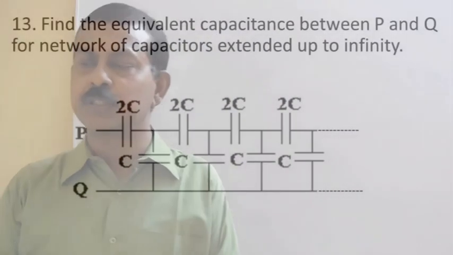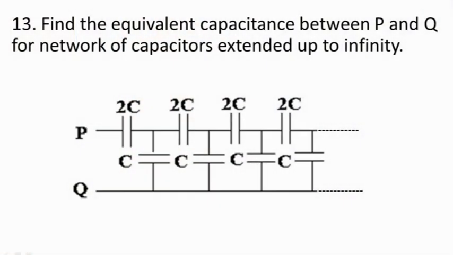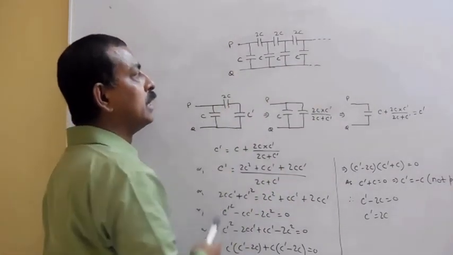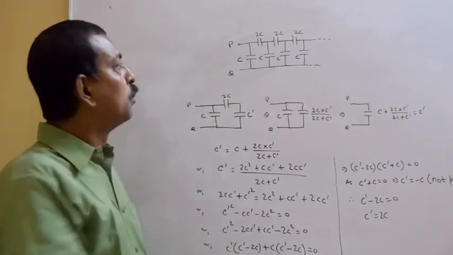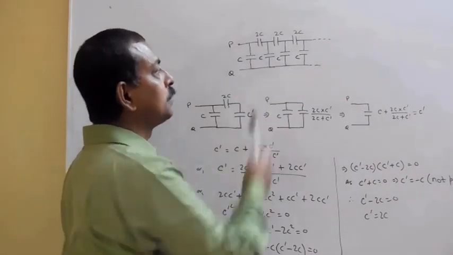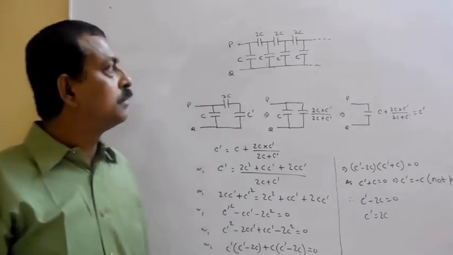Question number 13. Find the equivalent capacitance between points P and Q for a network of capacitors extended up to infinity. For this type of network of infinite units, we have a capacitor C connected to C here.